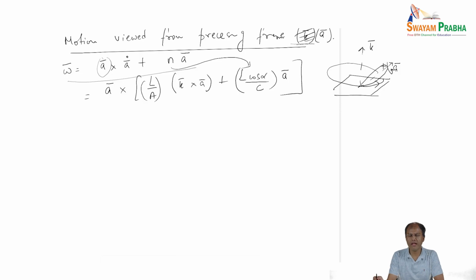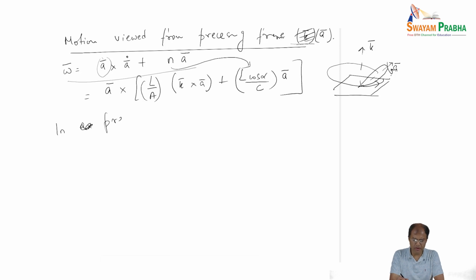So typically that is the motion of a top. So now in this precessing frame, this second motion where it is spinning about this axis A, we will for the time being shut down. We will assume that this is not the case. So the only motion is this motion about the axis K.